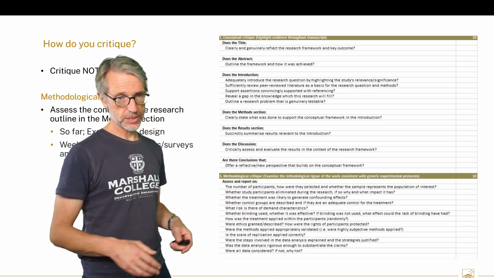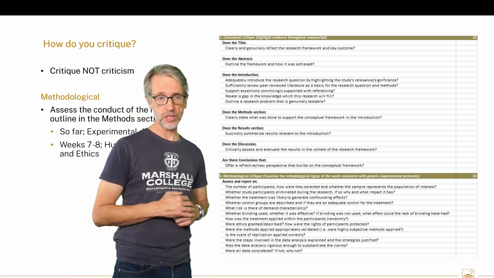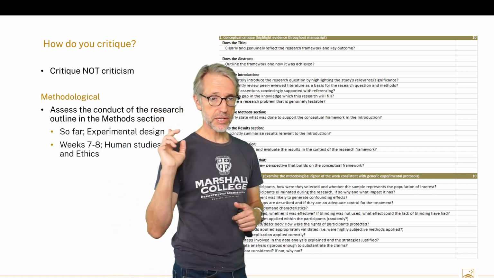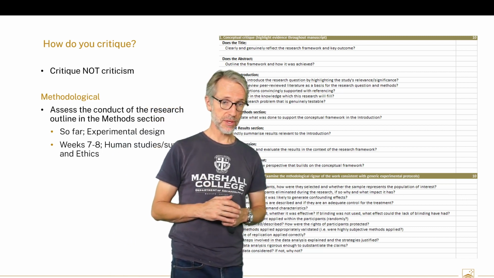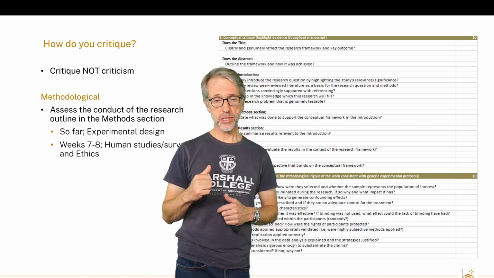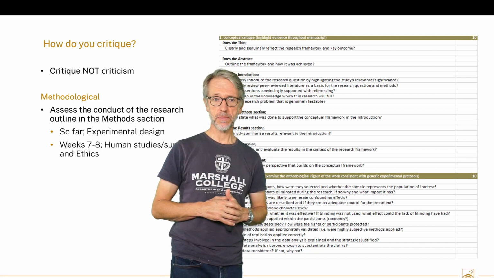Now, how do you undertake your methodological critique? Well, there are a few things that you need to draw upon. First of all, so far in the course, we've presented the experimental design content. In week 5, there were 2 lectures while I was away from campus that covered the 5 basic elements of experimental design.